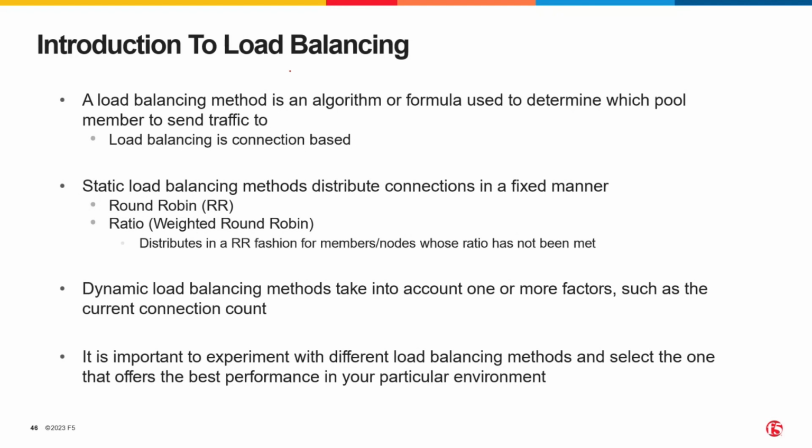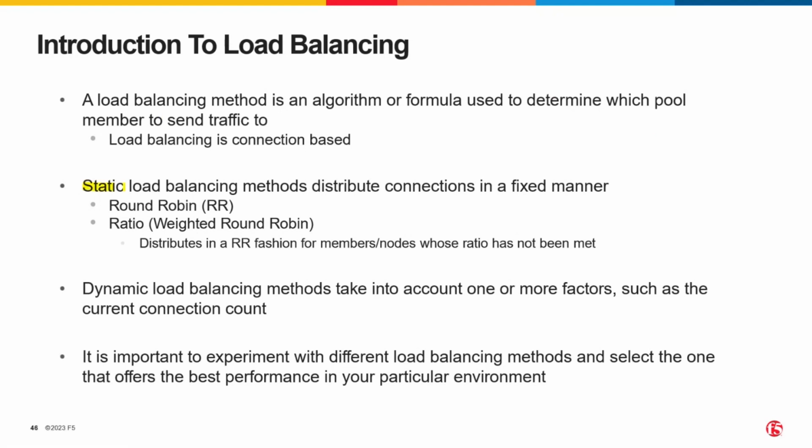So load balancing means putting a number of traffic or connections according to our needs. And there are plenty of load balancing algorithms that we can use on our BigIP. Some of them are called static load balancing methods. Some of them are called dynamic load balancing methods, okay?